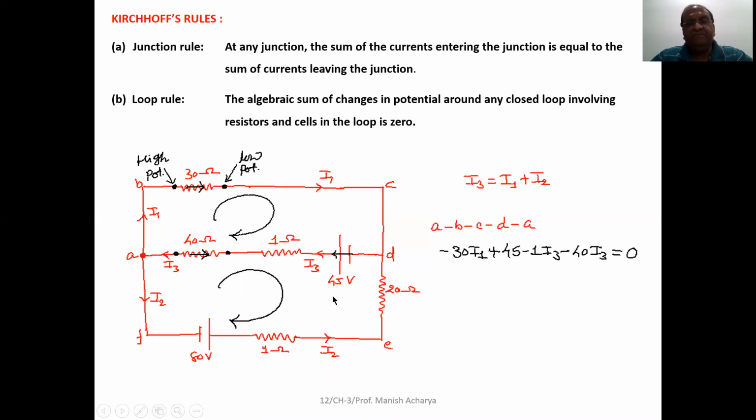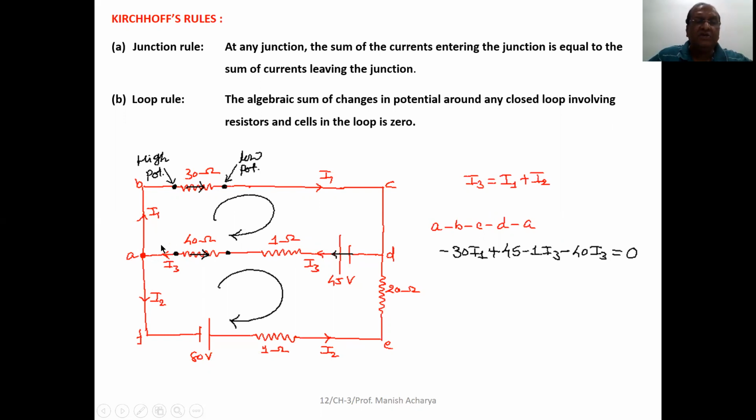So now see, when you are moving from D to A, through the 1 ohm resistor you are moving in the direction of the current, because the direction of the current is the same. So the 1 I3 potential difference you have to take negative. Again, through the 40 ohm resistor, you are moving in the direction of the current.